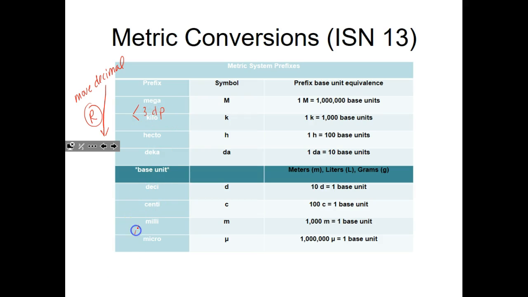This jump here is also 3 decimal places. And then same as on our last table, when you're going from a smaller prefix to a larger one, you're going to move the decimal to the left. Okay, so go ahead and copy this down in your ISN on page 13.